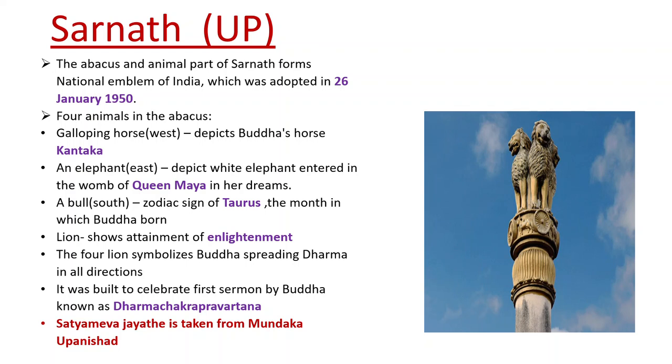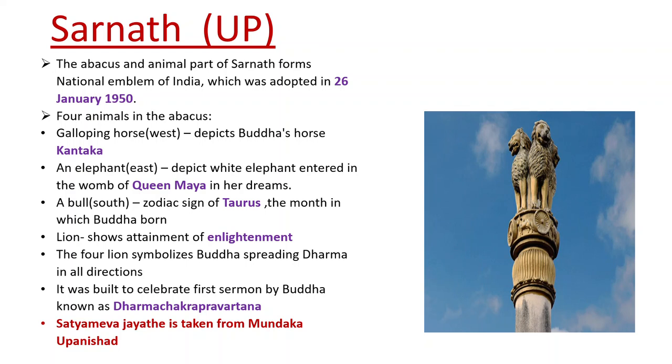Next we can see four lions at the topmost, which indicates Buddha spreading his knowledge in all four directions. Now, why is the pillar edicted at Sarnath? It is to celebrate the first sermon of Buddha.